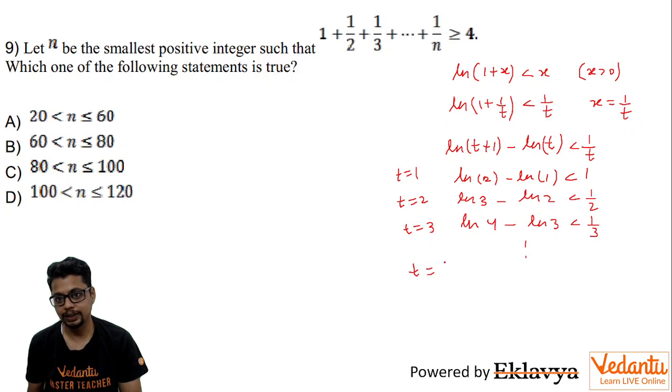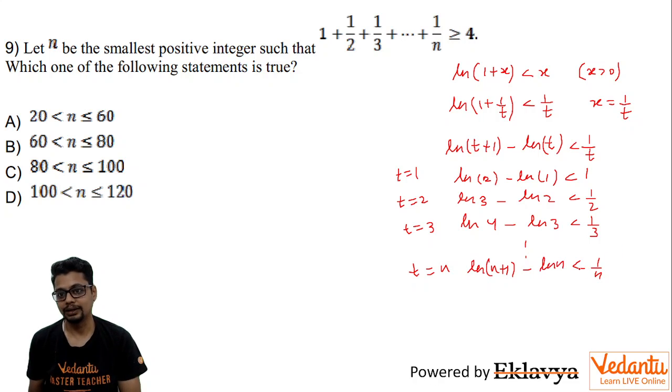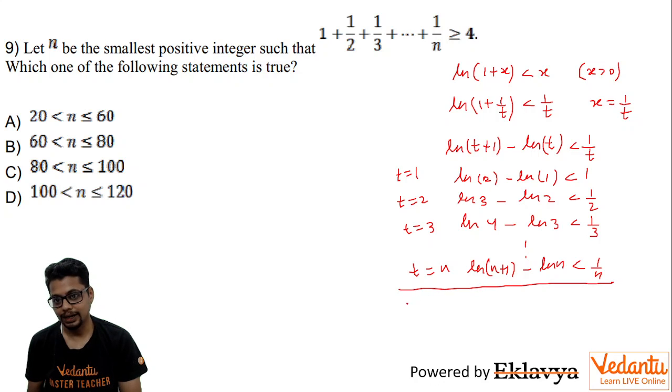In this case we should go till n, so that 1 by n gets created here, and you can say ln(n plus 1) minus ln n is less than 1 by n. And as you add all of them, you can clearly see the terms will be cancelling out like this.